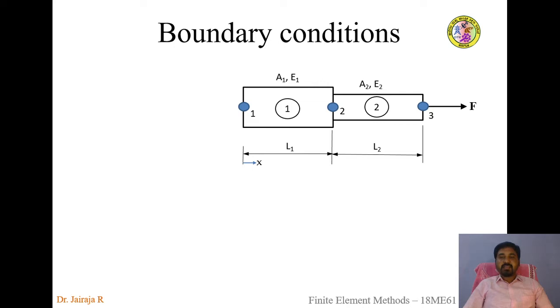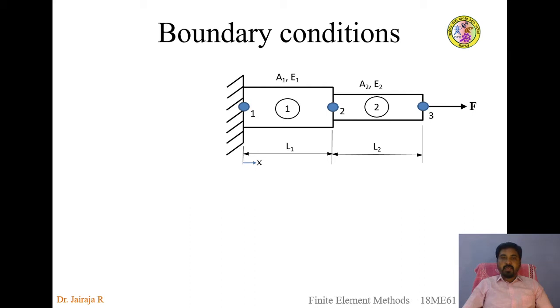Or another possibility is that, if I apply the load at node 3, I may get a very large displacement at node 3 where the force is applied. That is a singularity error. So in order to avoid the singularity error or the rigid body motion, we need to apply the boundary condition. That means we need to constrain the node.